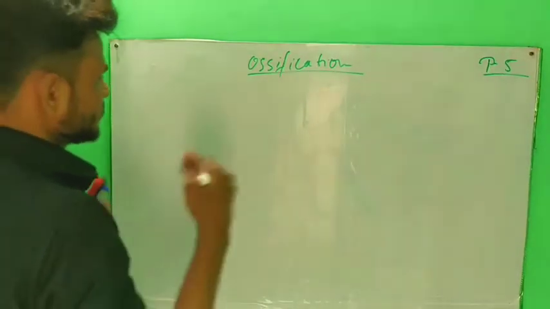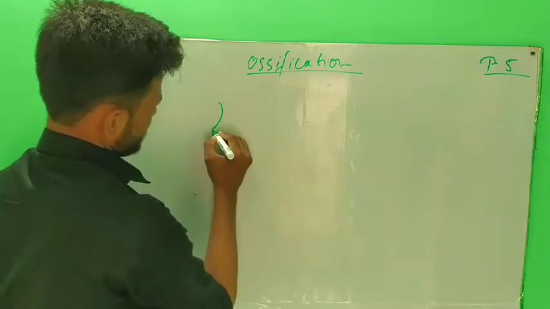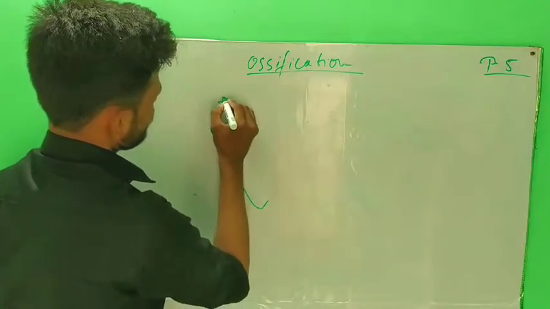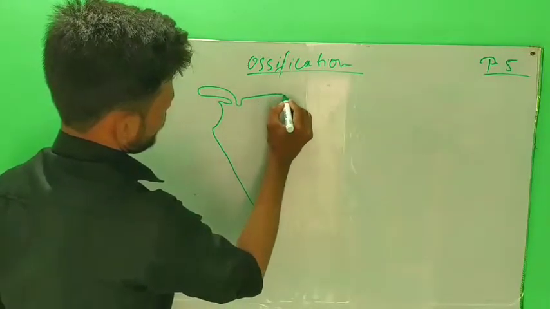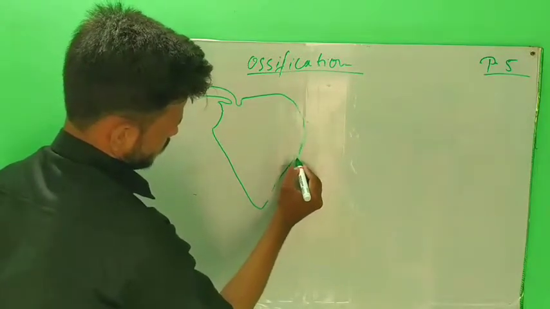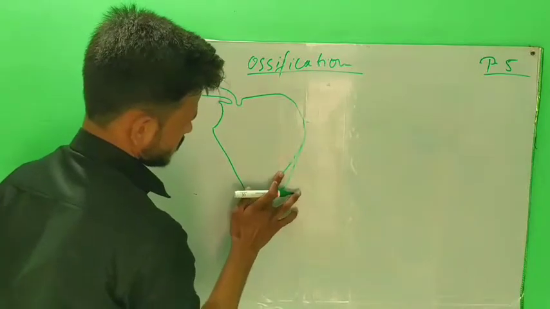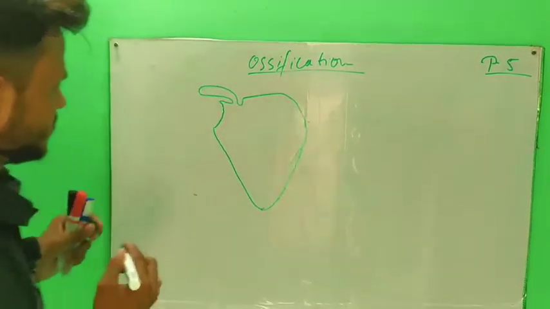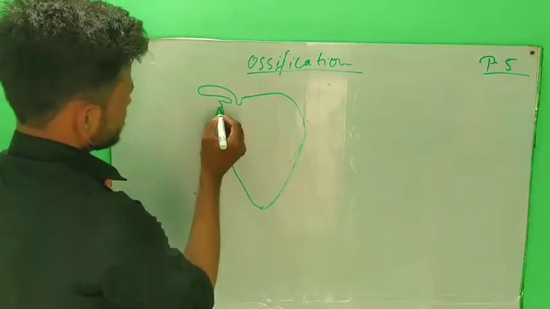For the ossification, firstly I will draw a diagram of the scapula. This is the anterior view of the scapula.